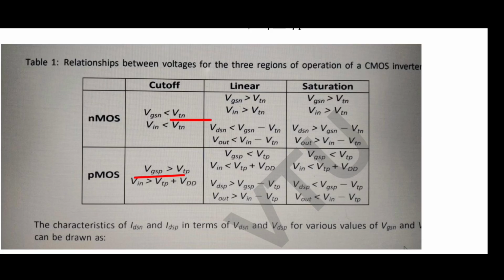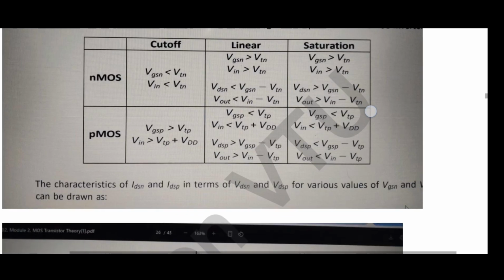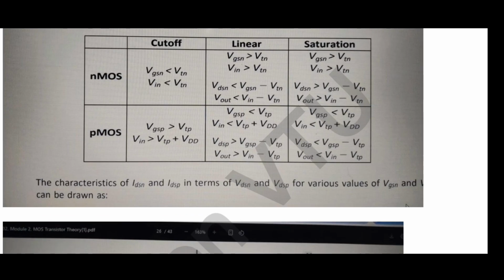VTN is replaced by VTP. Okay, in the above section. In the below section, you need to write VTP as VTP plus VDD. Okay, so this is one trick you can remember in the exam to write this table.